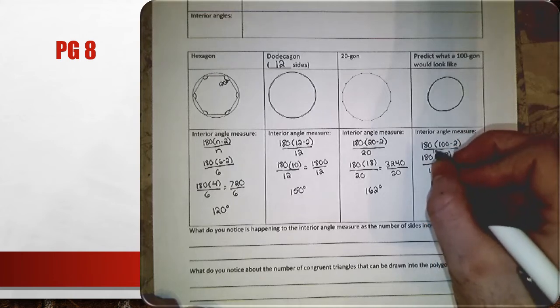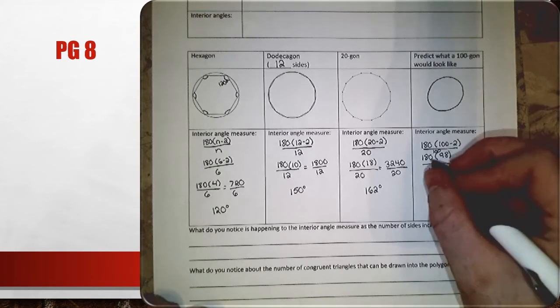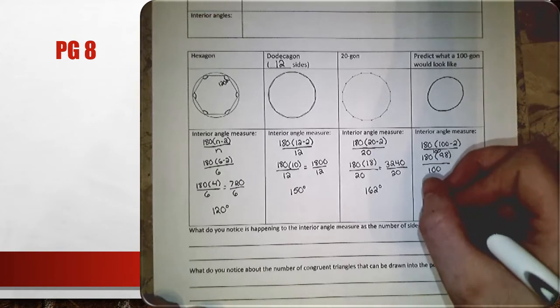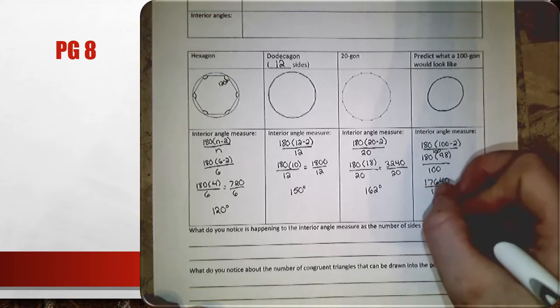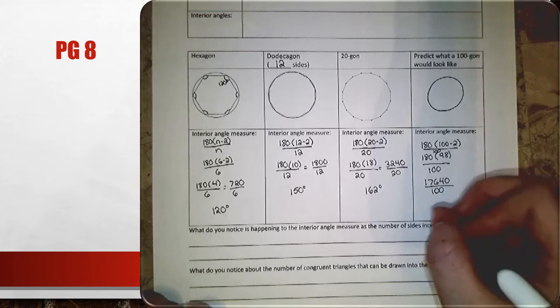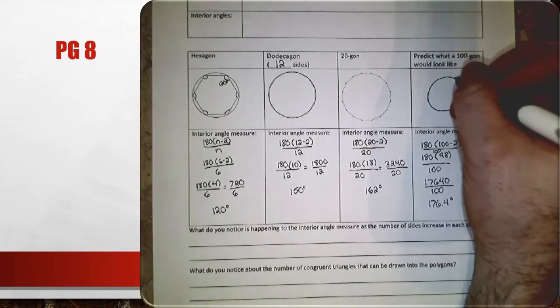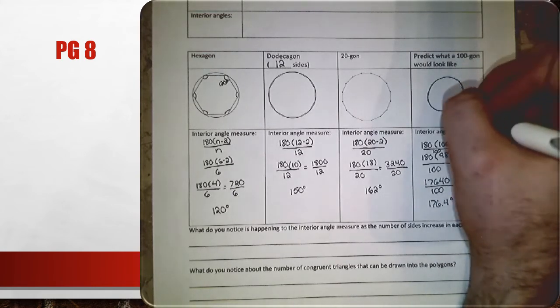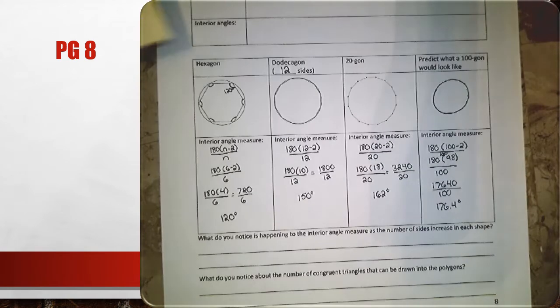I forgot to put this over 100, but it was over 100. When I multiply 180 times 98, I get 17,640 all over 100. And that would get me 176.4 degrees. So if I had a bunch of dots in here, they would all equal about 176.4 degrees.